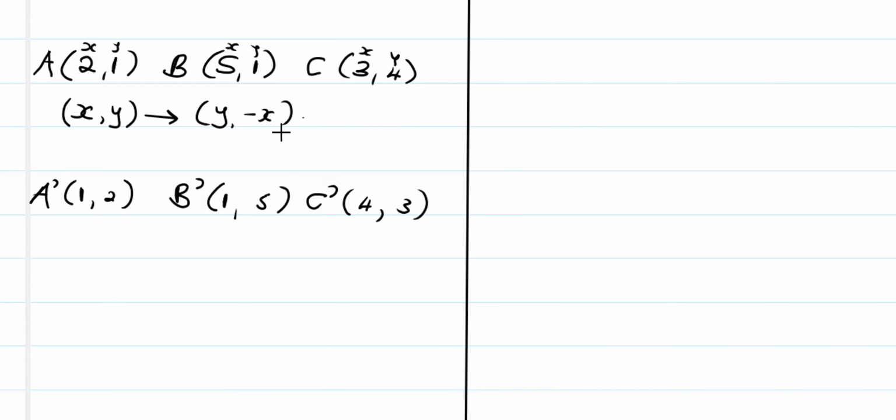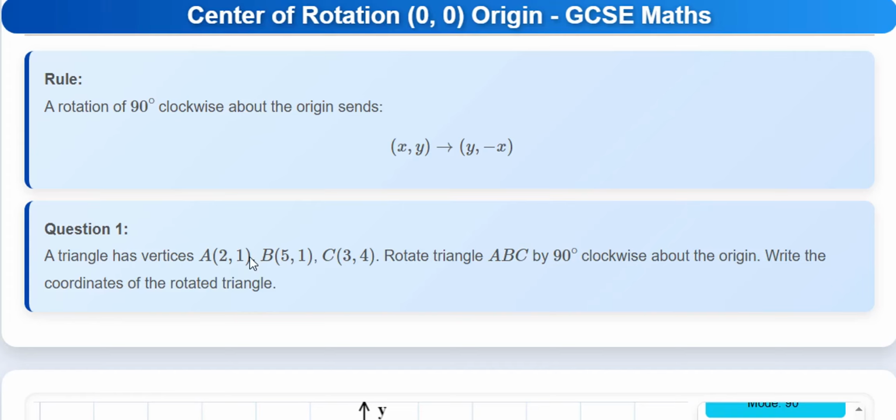But there is something more here: all the values which we interchanged on this part should be negative. So I'll put a negative there, a negative here, and a negative here. And those become the new coordinates of the triangle rotated 90 degrees clockwise about the origin.